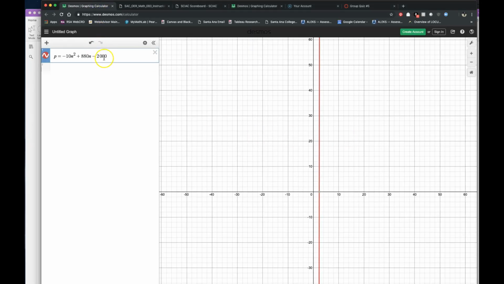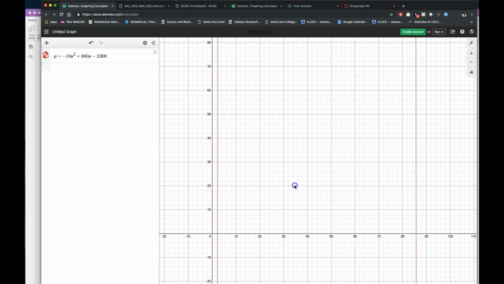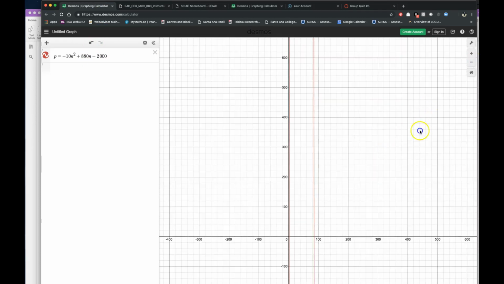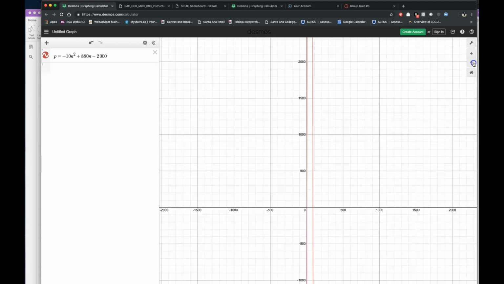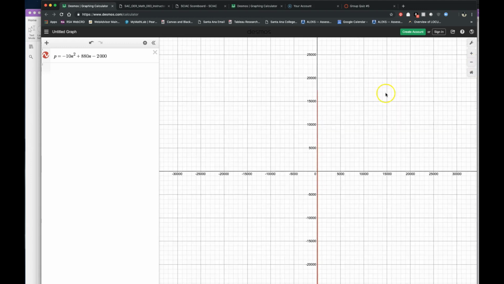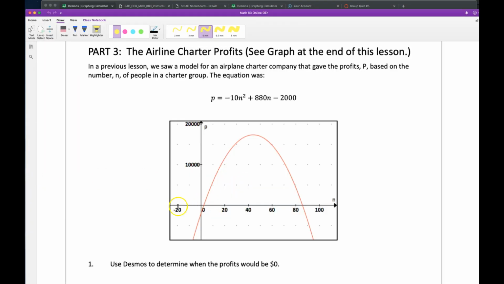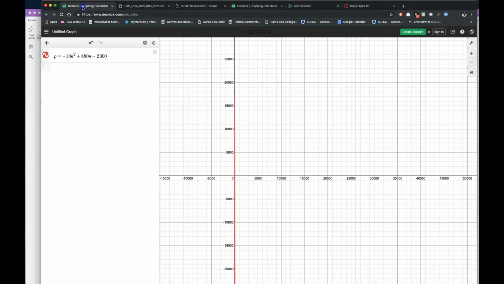The hard part many times, because of the numbers, is trying to get the window set up. So my first thing is just to use this here so you can start to see the graph. The problem is you can see how it runs out of space. So what I end up looking at is, okay, the x-axis from -20 to 100 and the y-axis from 0 to 20,000.